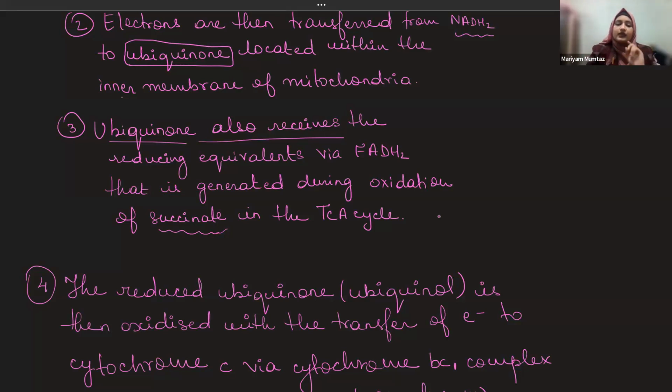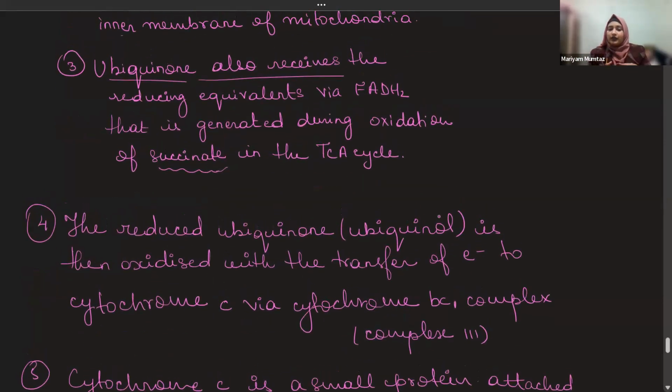Got it? Now, once the ubiquinone gets all the reducing equivalents, it gets reduced, so its form or name changes. The reduced ubiquinone is known as ubiquinol.